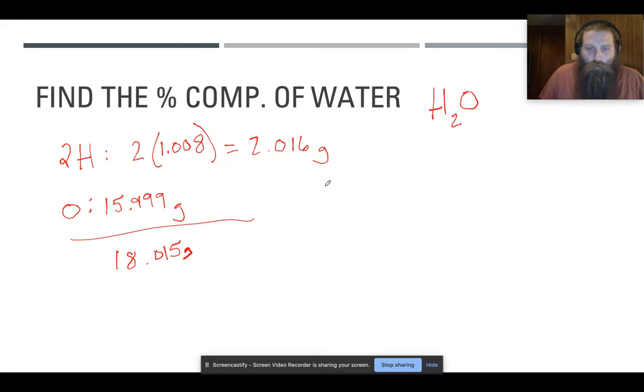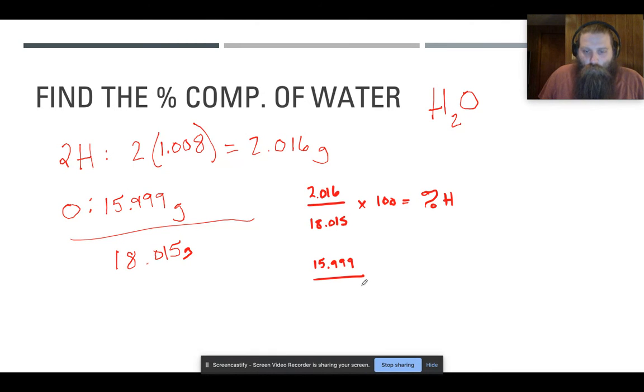So I'm going to take 2.016 divided by 18.015 times 100 is going to give me my percent hydrogen, and 15.999, the part, divided by 18.015 times 100 will give us our percent oxygen.